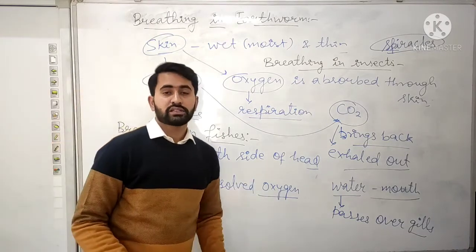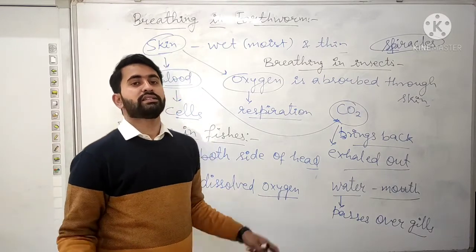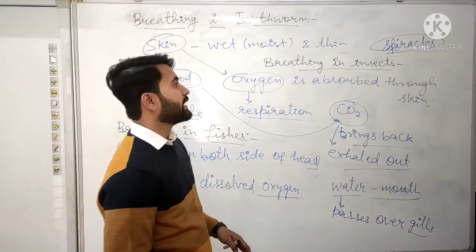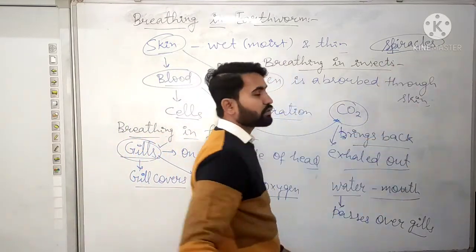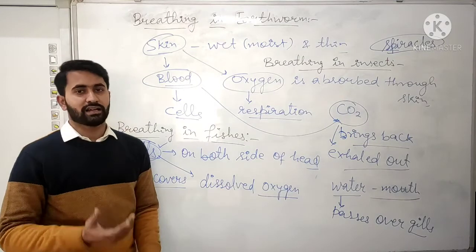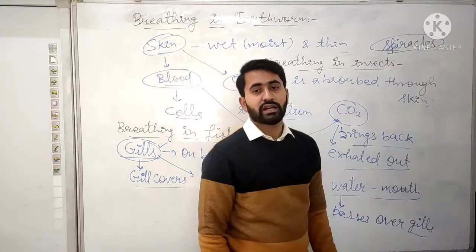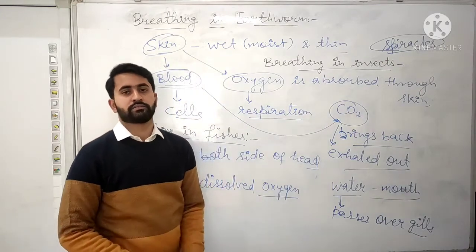The carbon dioxide that is produced is then again released into the trachea, and then it is carried back to the spiracles, from where it is exhaled out. So in the insects, the breathing takes place with the help of the spiracles.